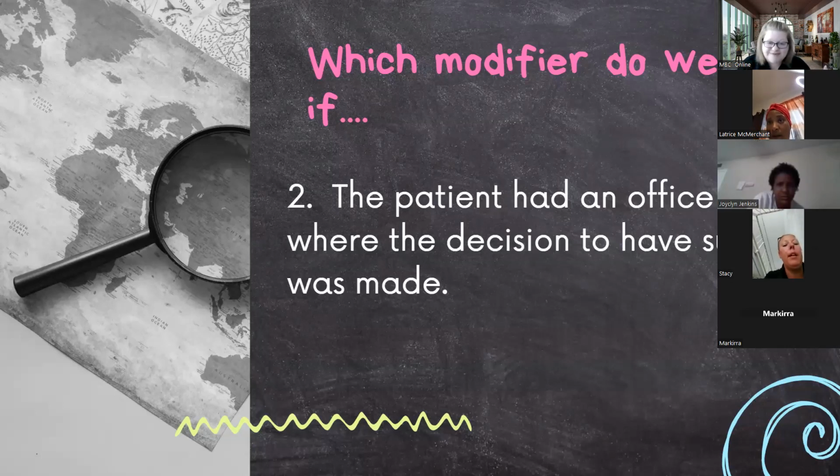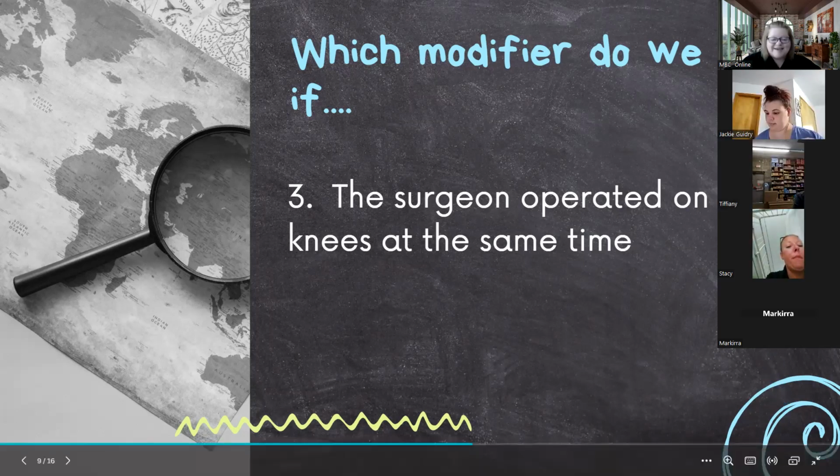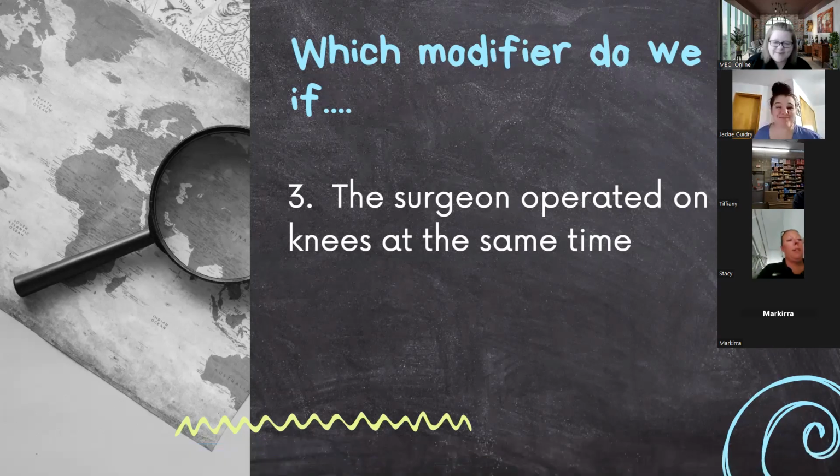Very good. Which modifier do we use if the surgeon operated on both knees at the same time? We talked about it. 50. Yes, Jackie, that's my student. Modifier 50.